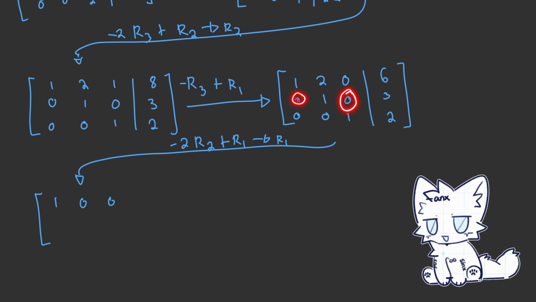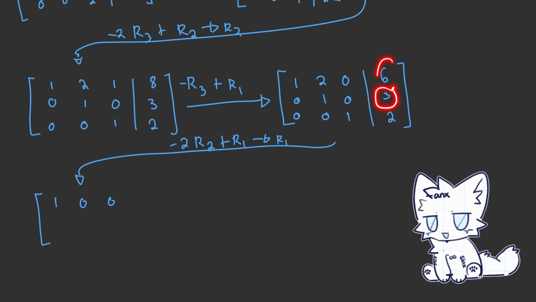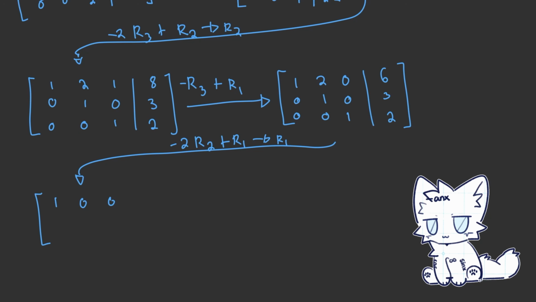And then everything is 0. So then negative 2 times 3, which is negative 6, plus 6, that is 0.